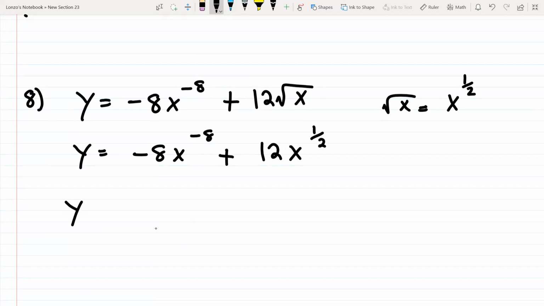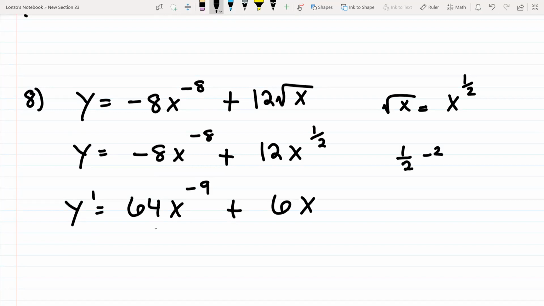And then y prime is going to be -8 times -8, which is positive 64, x to the -8 minus 1 is -9. Plus 12 times 1/2 is 6, and then 1/2 minus 2 over 2, which is -1/2.